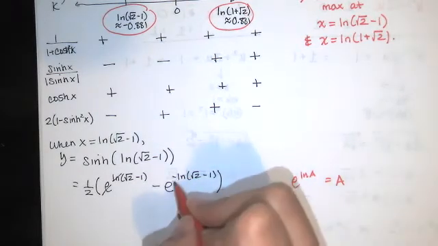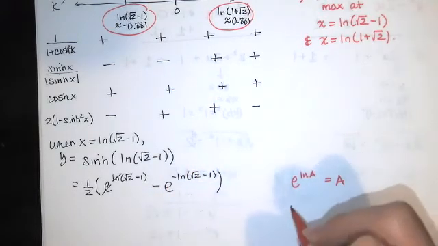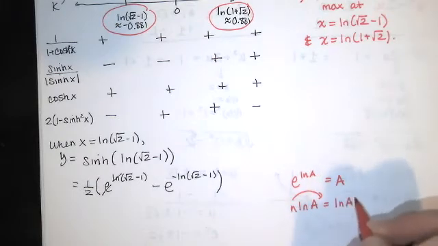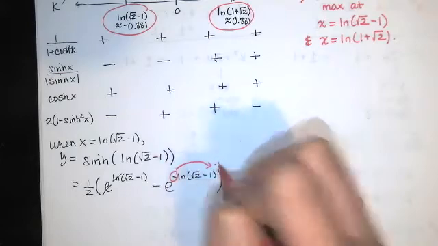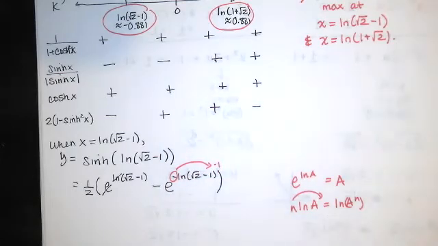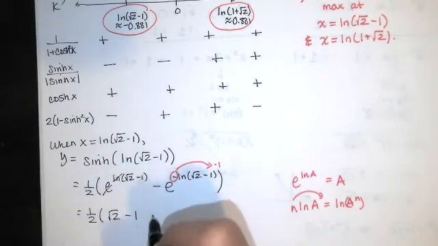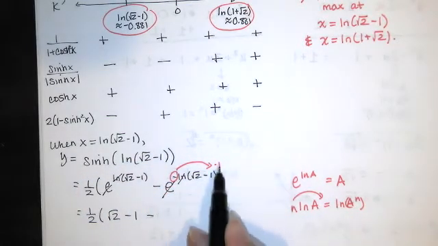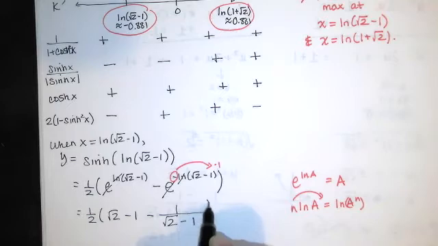And over here, you can't just cancel the log and the e because you have a coefficient out front. You have to use this property. Bring that power inside, and you get that. So I'm going to bring that -1 power inside. So this ends up being 1/2 times the square root of 2 minus 1 minus, and then those are going to undo each other, this expression to the -1 power, which is the same as that expression to the +1, but in the denominator.